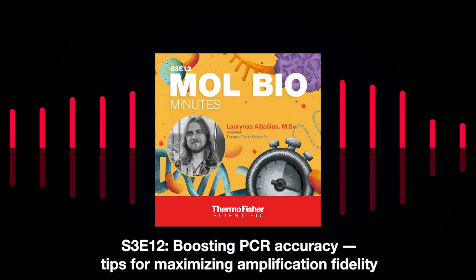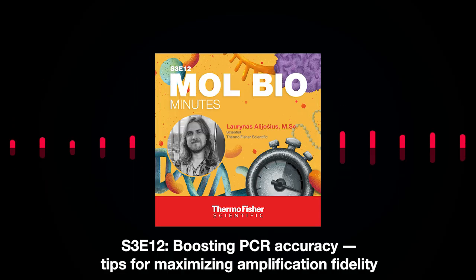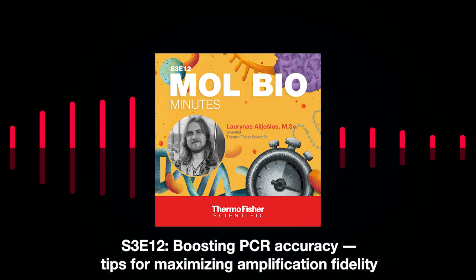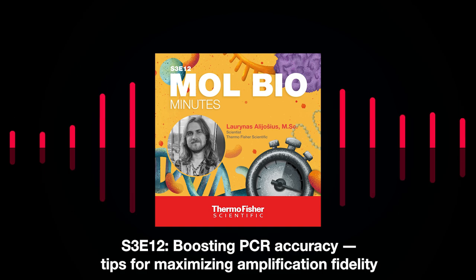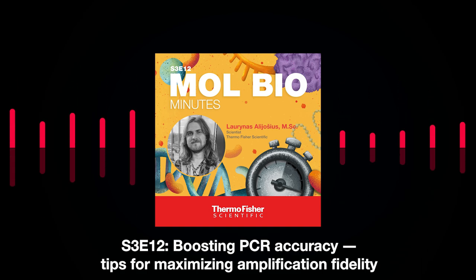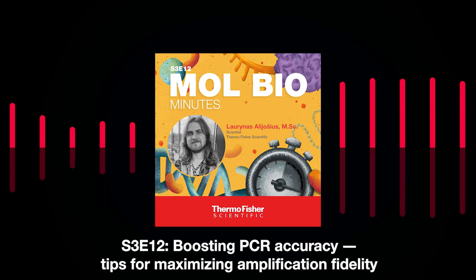As I suggested before, one of the major factors for PCR accuracy is the fidelity of your main enzyme, that is DNA polymerase. Fidelity is what we call the accuracy of our DNA polymerase.